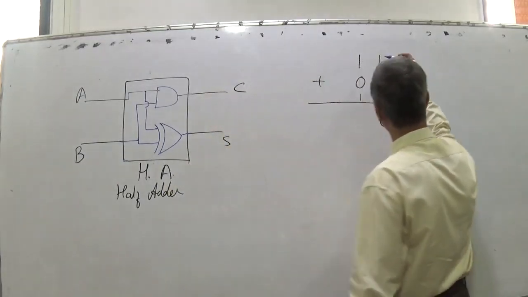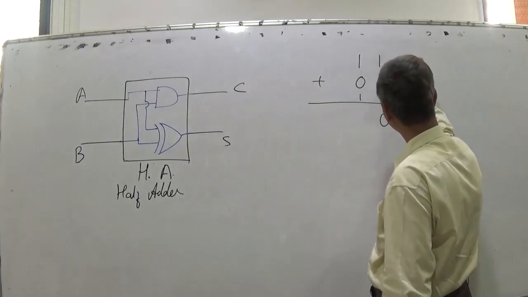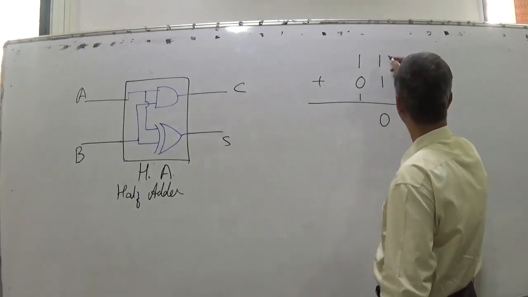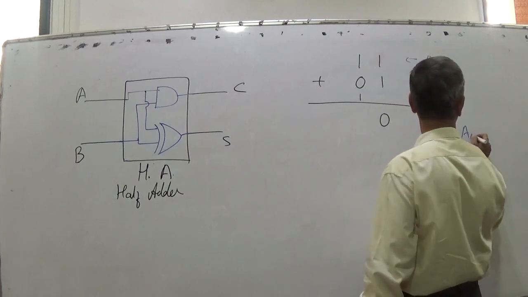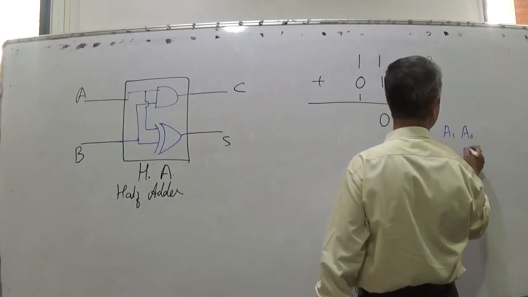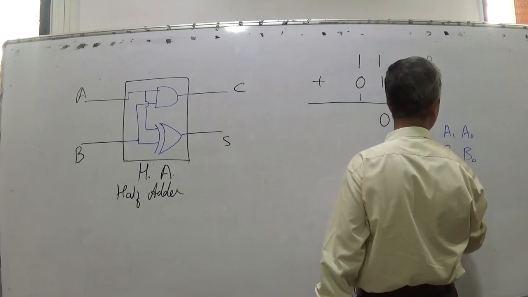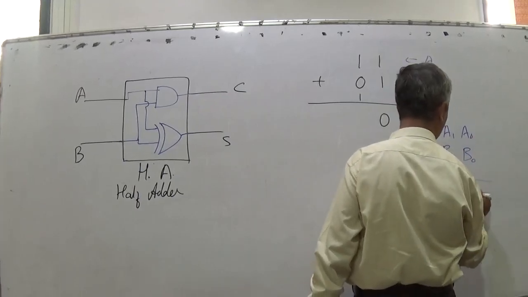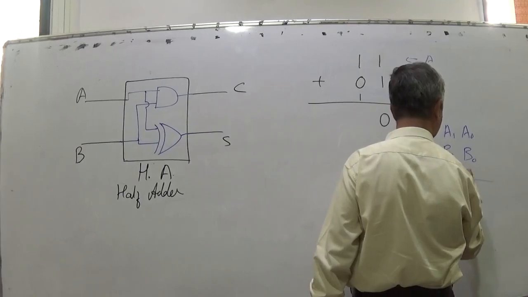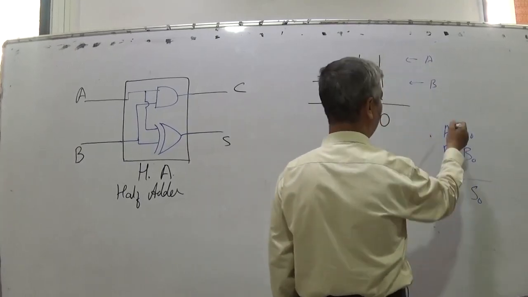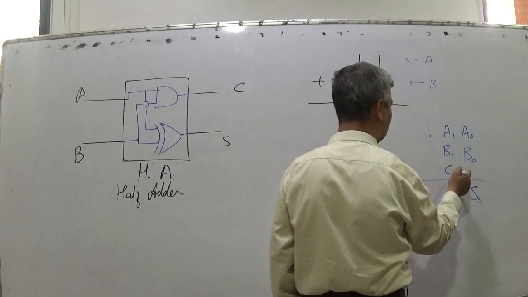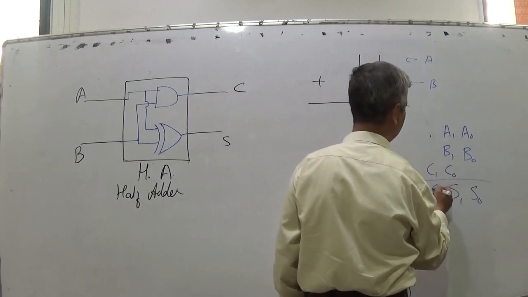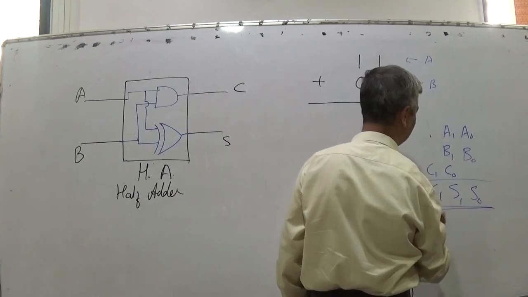So here what are we going to add? This number is A, this number is B. So this bit is A0, this bit is A1, this bit is B0, this bit is B1. When we add A0 plus B0, the sum is 0, and at that time carry 0 is produced. So A1 plus B1 plus carry 0 is sum 1 and next carry 1, so this is a 3-bit answer.